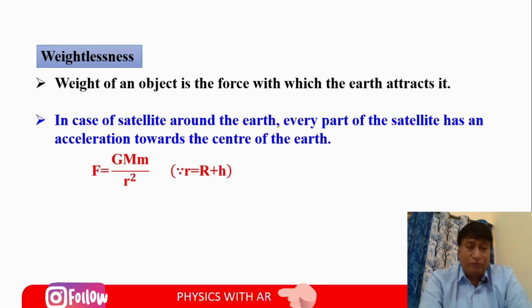The gravitational force F is equal to capital G into capital M into small m by r square, where small r is equal to R plus h, where R is the radius of the Earth from the center and h is the height above the surface.